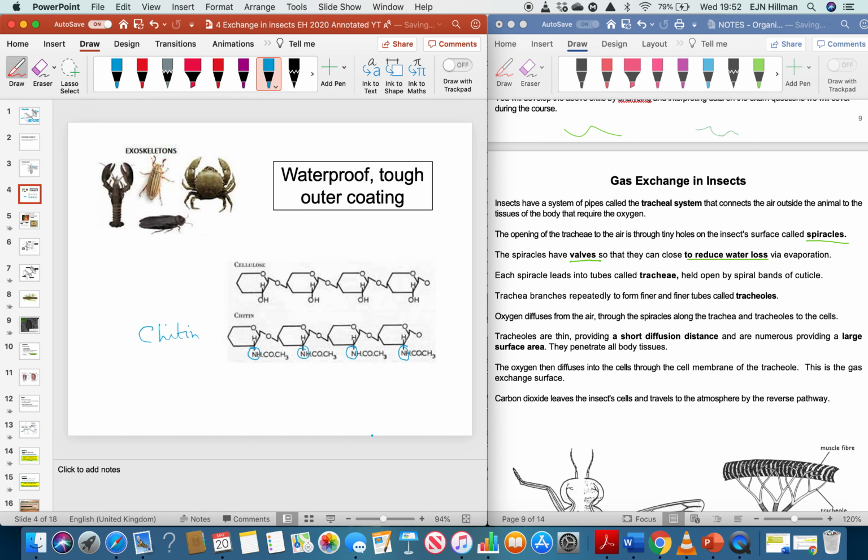And there have been A-level questions in the past asking for a comparison between cellulose and chitin. Now you don't need to know the structure of chitin, the structure of the monomers, but it's worth noting that they contain nitrogen. And anyway, that chitin is waterproof. Now waterproof is great because it means that it can reduce the water loss as long as those spiracles are closed. But it's also very tough and provides protection to the organs and to the tissues inside.